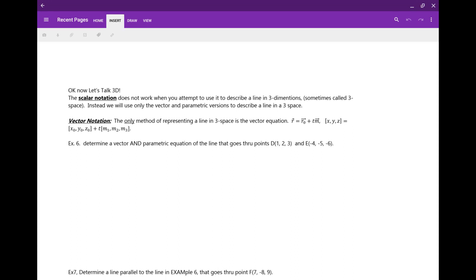All right, so you would run forward 3, left 2, and rise 1. And if you do that, starting from this point, you would effectively stay on the line. And you could do that as far as you'd like. That's what the T value does. Remember that T value.